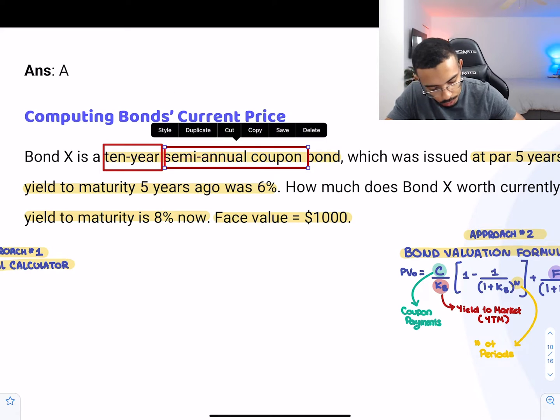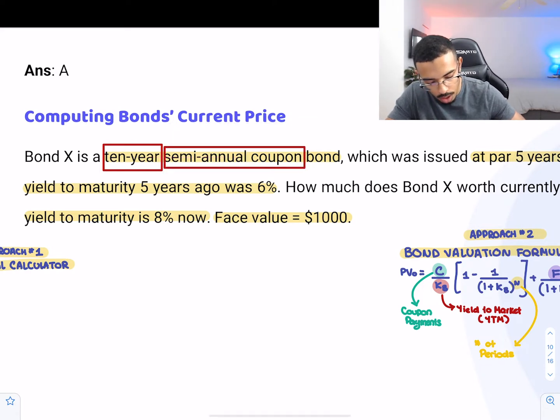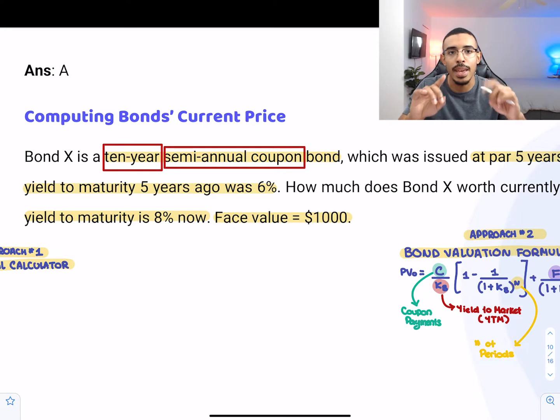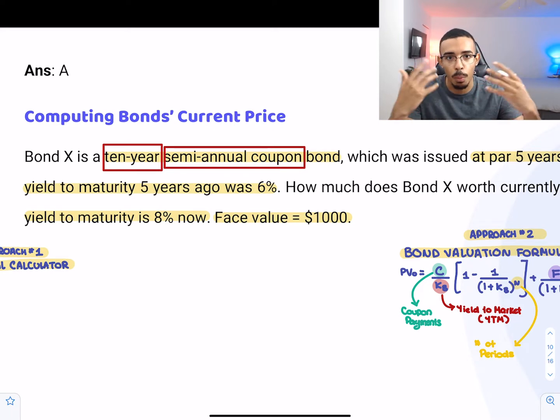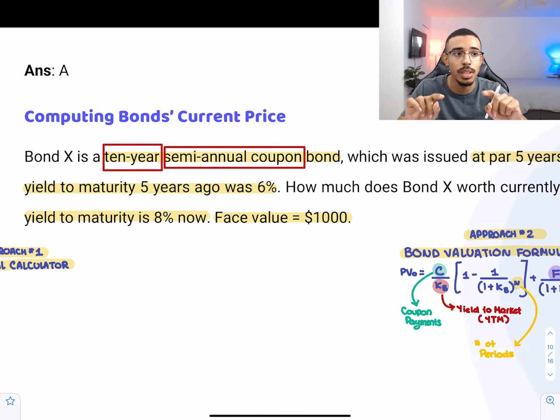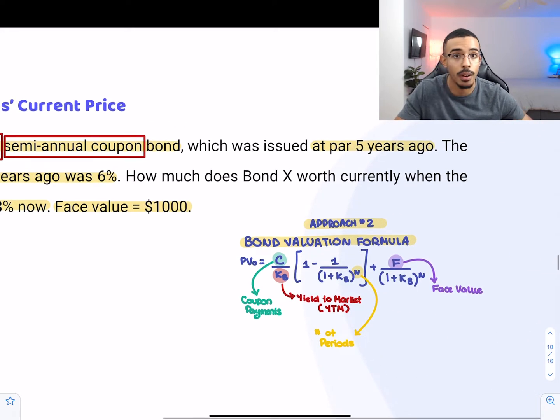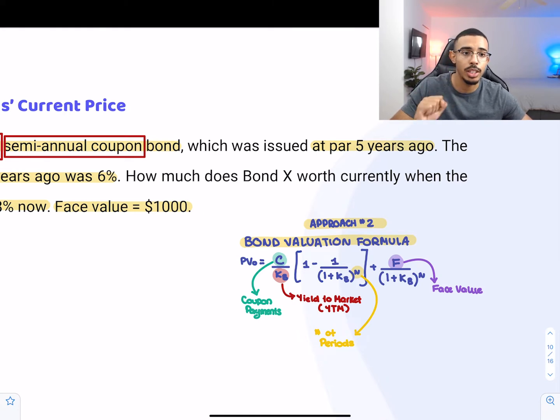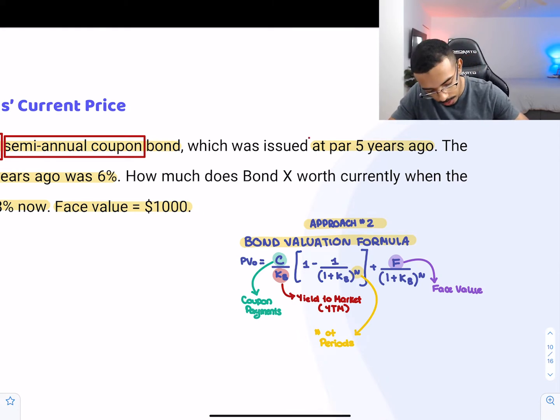What does this mean for us? A semi-annual coupon bond essentially states that you're going to be making 2 payments per year. All right? Not 1, but 2 payments per year. And obviously, the more years, the more payments will be made. And that's extremely important to consider while we build our formula and while we go through our financial calculator. Now, another really important part to be discussed here is that this was a bond that was issued at par, okay?